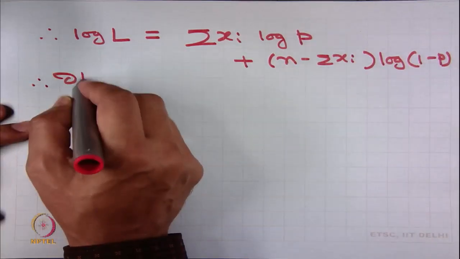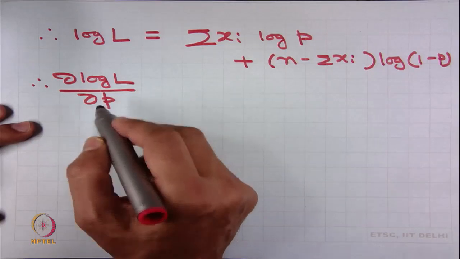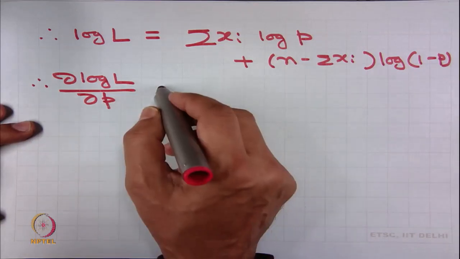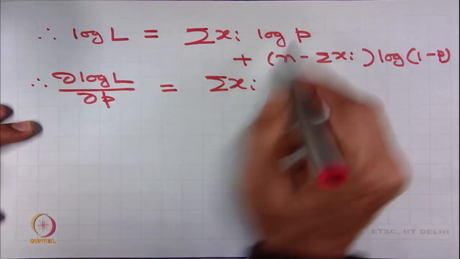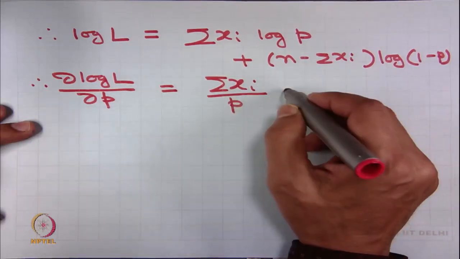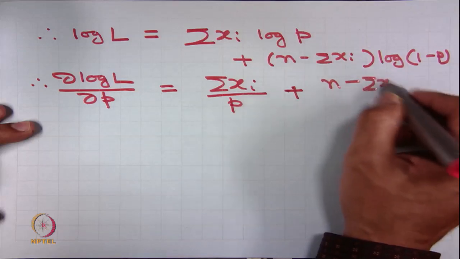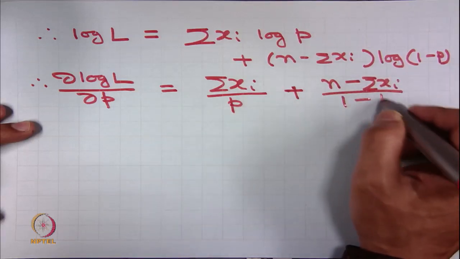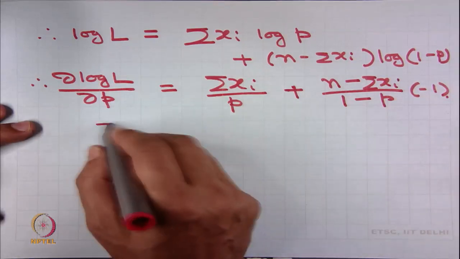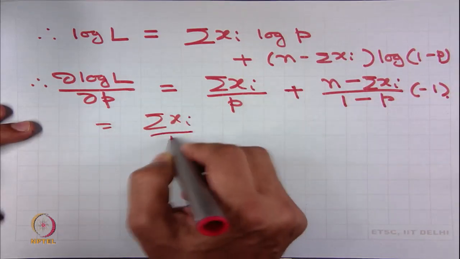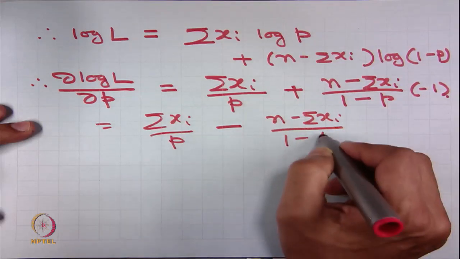Therefore, del log L del p, remember that here theta is equal to p, the parameter that we are interested in, is equal to sigma x i into d log p dp, which is 1 upon p, plus n minus sigma x i upon 1 minus p into d of 1 minus p dp, which gives you minus 1, is equal to sigma x i upon p minus n minus sigma x i upon 1 minus p.